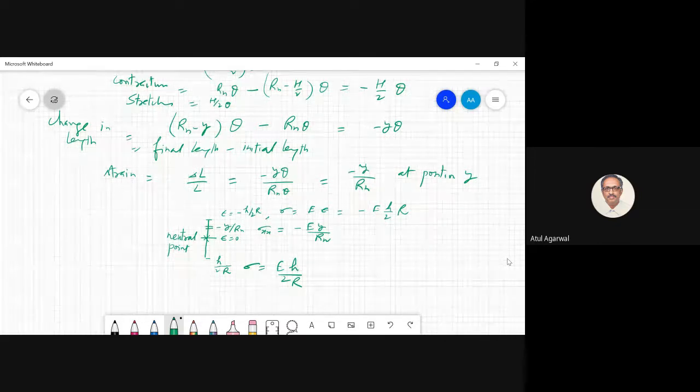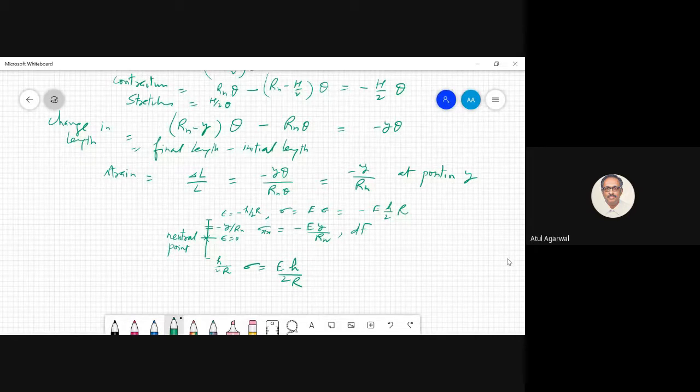So what will be the force? I call force as dfx. Now force is stress into area. What is the area of this element? This element is of length dy. Assume unit depth of beam.